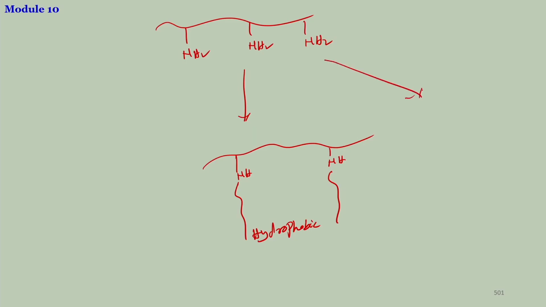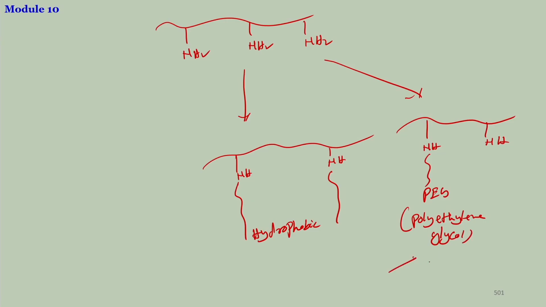You can use a little bit, if you want to increase its solubility and its target specificity also, polyethylene glycol, PEG. That is basically an ethylene group, with OH here and OH here, and it is a polymer of this.